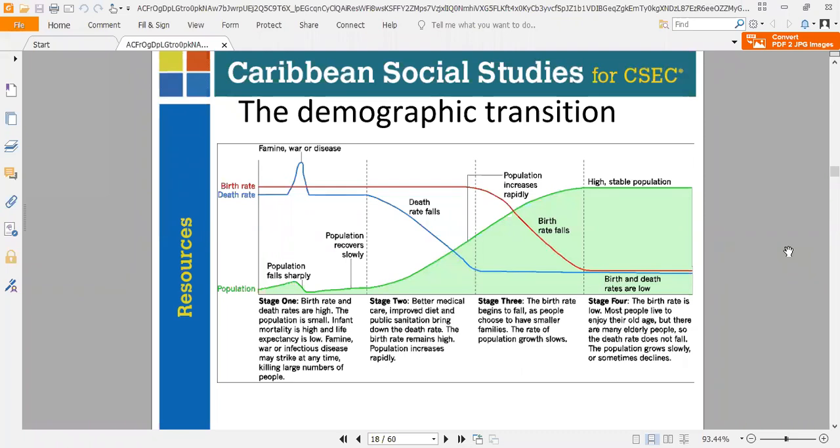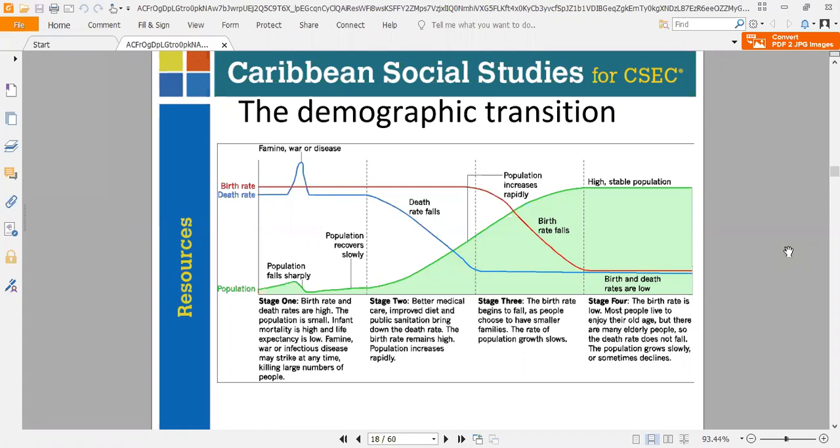So the death rate does not fall. Some population grows slowly or sometimes declines. So the population here now is stable. The population has gotten old. Not a lot of persons having children, right? So the birth rate goes down.